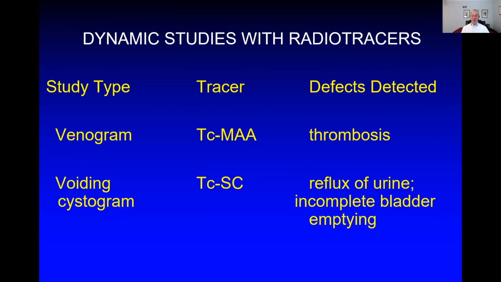So sulfur colloid. The fluoroscopy is many times as much dose as the sulfur colloid. First of all, for sulfur colloid, when we put in 1 millicurie. Secondly, how long does it stay in the bladder? Minutes. The T effective is very, very short.